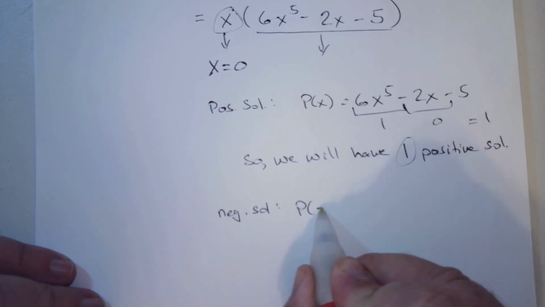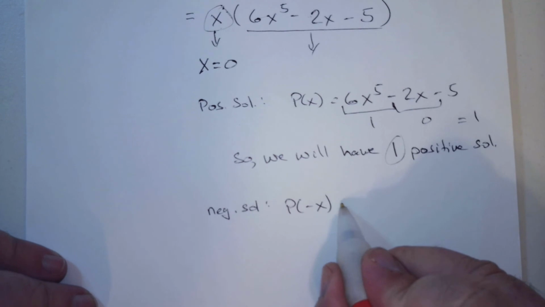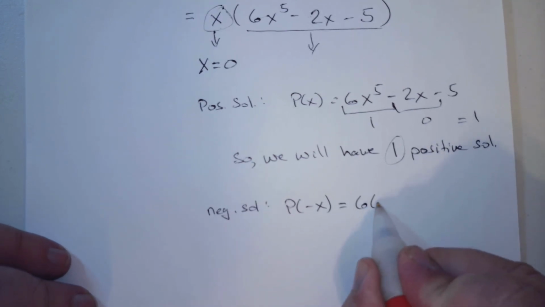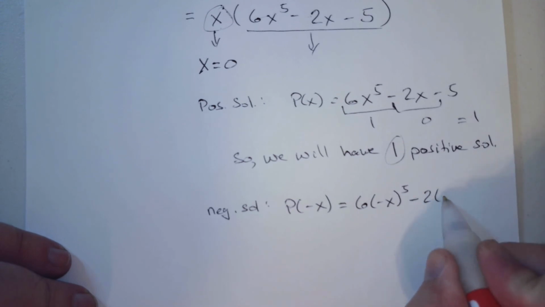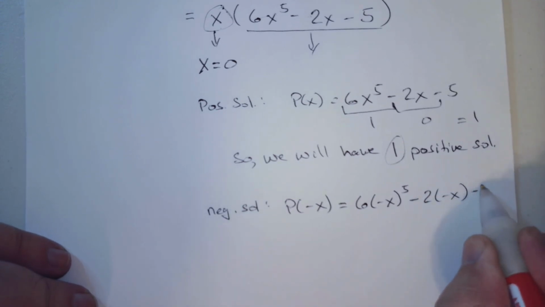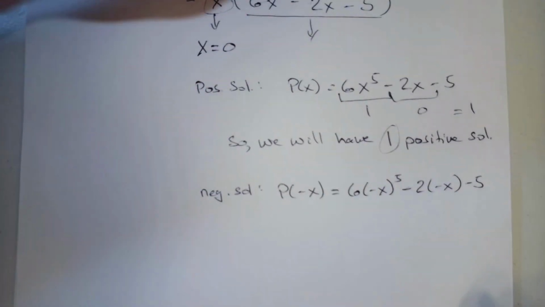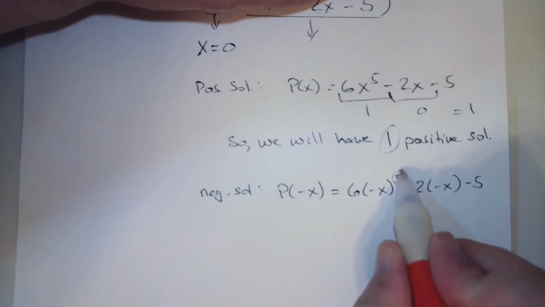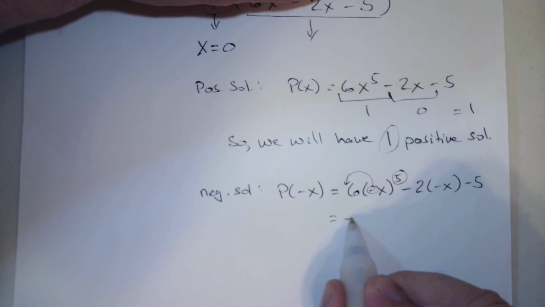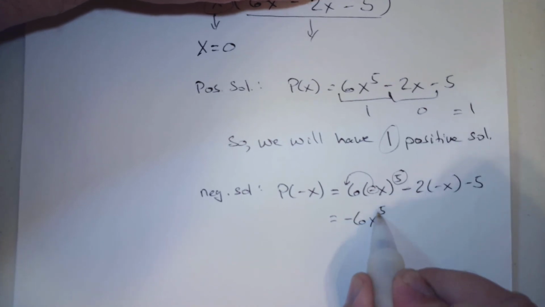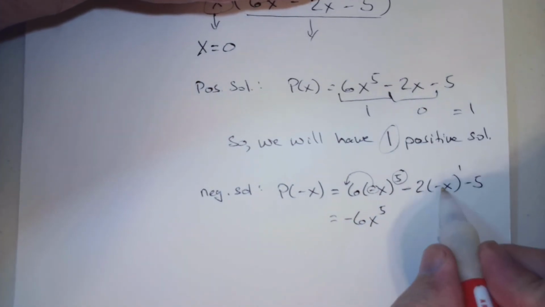So for the negative solutions, I put a negative x in there. 6 negative x to the 5th minus 2 negative x minus 5. Since this is an odd exponent, this negative moves out in front, so it's negative 6x to the 5th. This is to the first power.